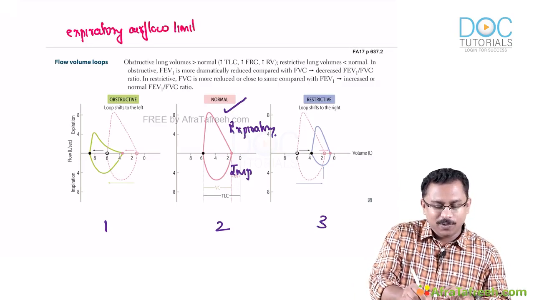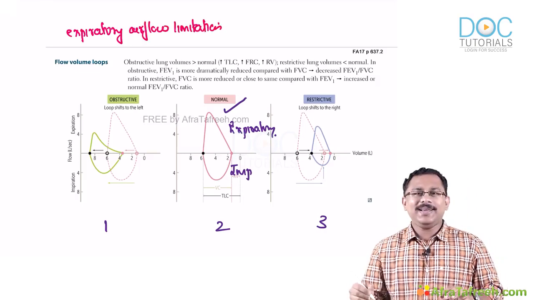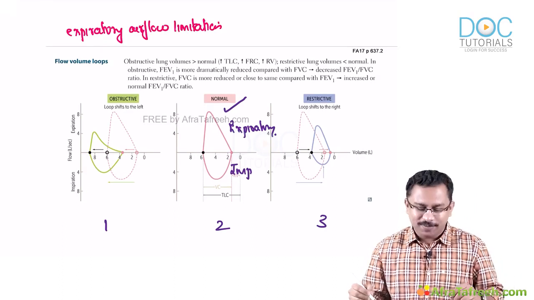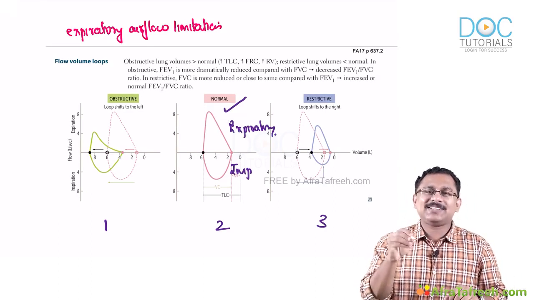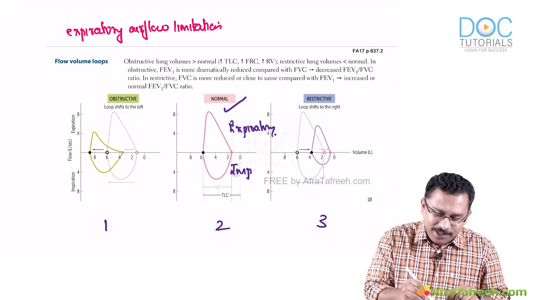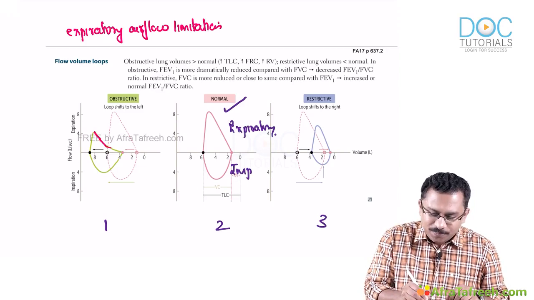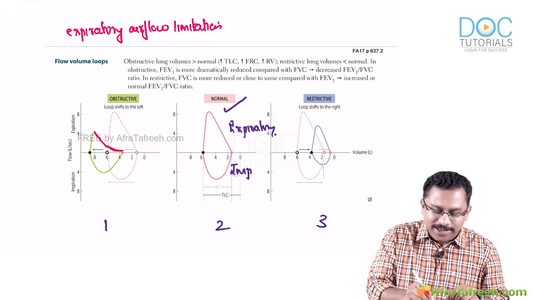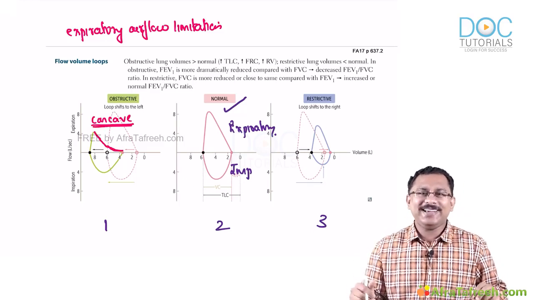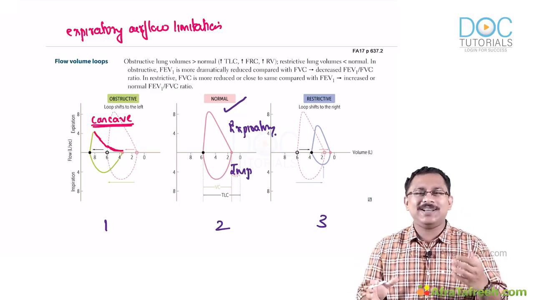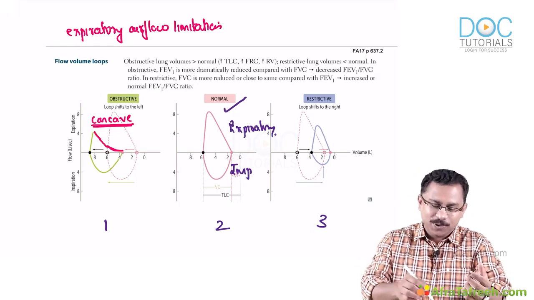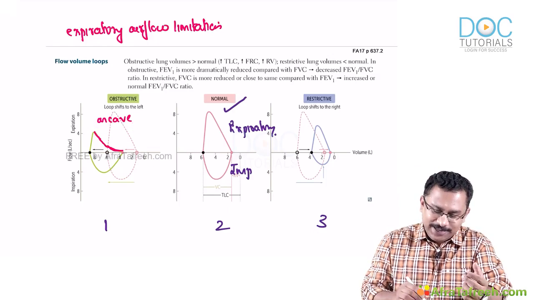So there will be a problem with the expiratory part of the flow volume loop, and in the expiratory part itself, if you carefully observe, the descending limb of the flow volume loop almost has a concave shape. Almost has a concavity. So that is the abnormality that you would notice in the flow volume loop of an obstructive lung disease.